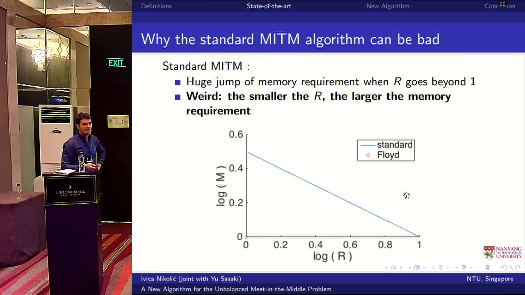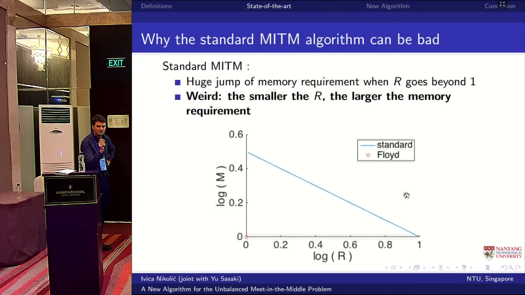So here on this chart, I have the dependency of how much memory you need, depending on the ratio of the cost of the two functions, if you want to find the collision in optimal time. So this is log of r, this is log of m. When log of r equals 0, in other words, when r equals 1, the balanced case, we don't need any memory to find the collision. And now look at this. We increase r slightly, a little bit, and then the required amount of memory jumps to square root of n.